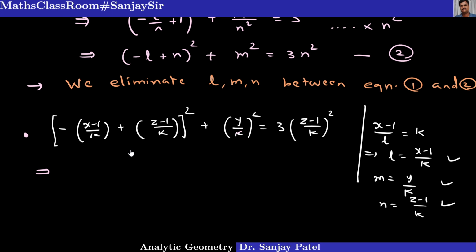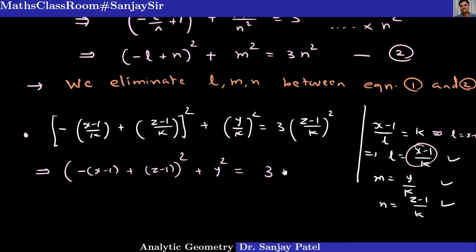So what we'll do is directly write L is equal to x minus 1. So instead of x minus 1 upon k, I will just substitute L is equal to x minus 1. So what I will get is minus x minus 1 plus z minus 1 whole square plus y square is equal to 3 times z minus 1 whole square.